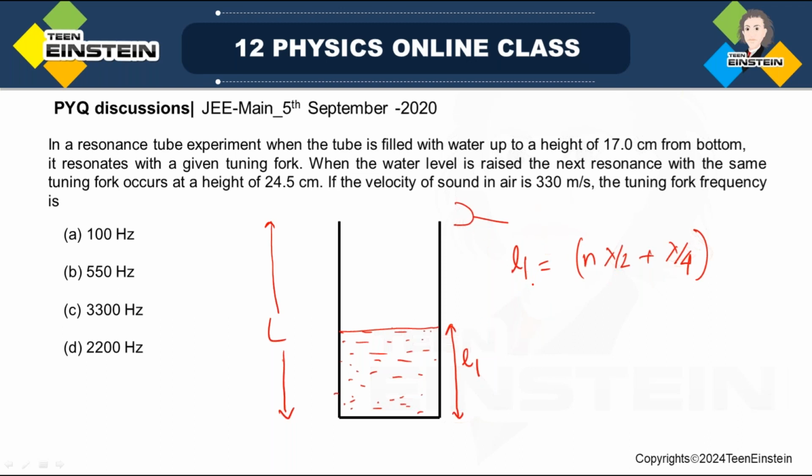From here I don't know the order, right? If I had known the order, then I could write the length from the measurement, find lambda from here, and then the frequency is equal to v by lambda. That I would have done if the order had been given, but the order is not given.